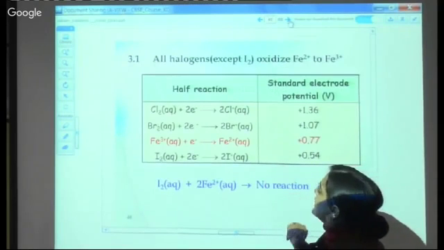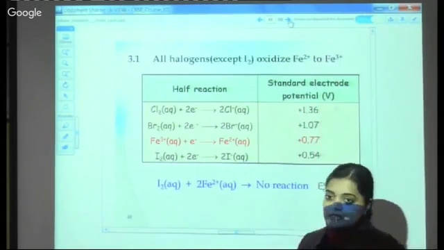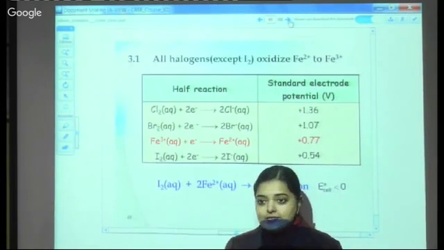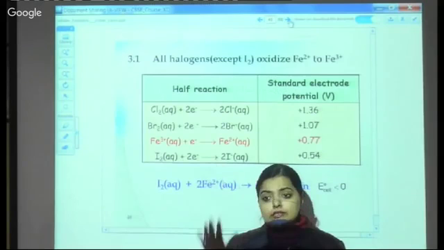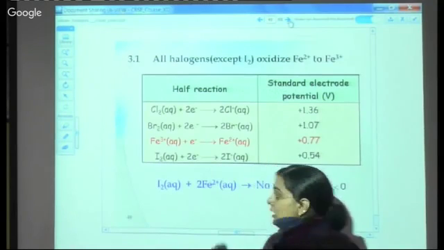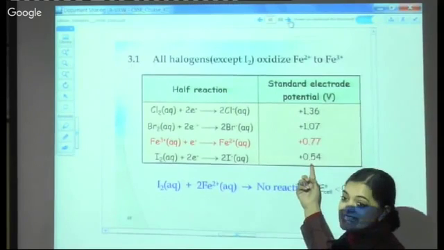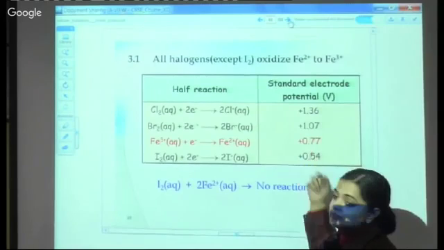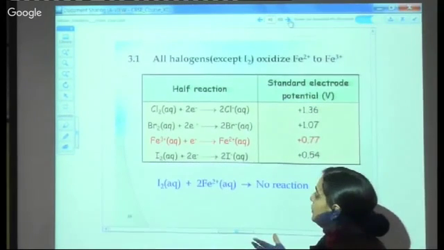So we get to see that all halogens oxidize Fe2+ to Fe3+. Ferrous to ferric is being oxidized. Who oxidizes them? Any of the halogens can. Right? So you get to see that all are oxidizing agents, but iodine does not have good enough oxidizing potential to oxidize ferrous to ferric.